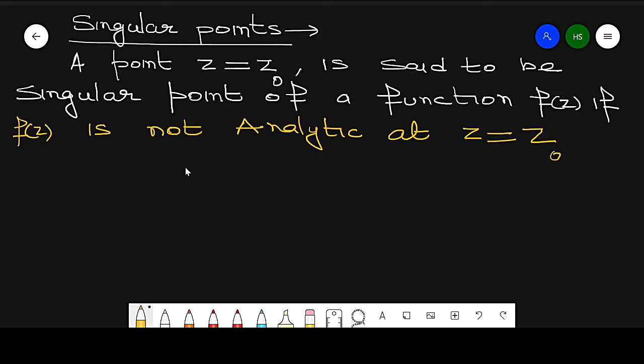So remember that at any point where the function is not analytic, that point is called a singular point.